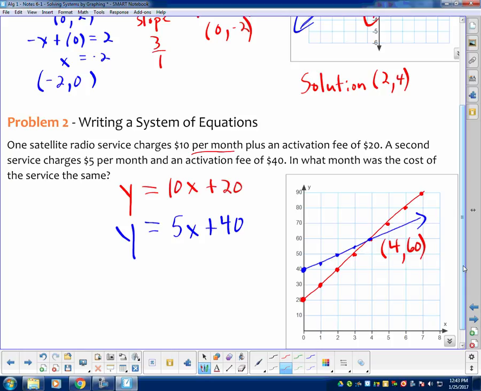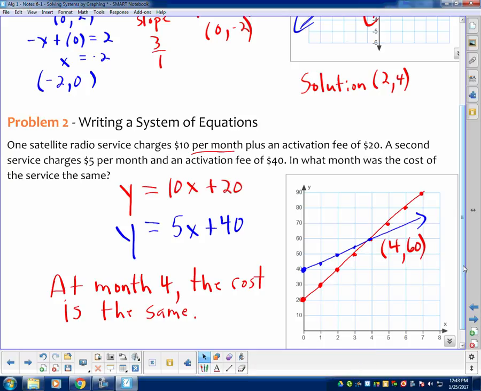So in what month was the cost exactly the same for these 2 plans? Not 3. 4. At month 4, the cost is the same. So we can use systems of equations to solve that.